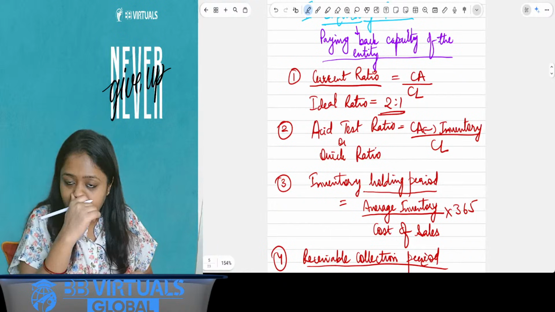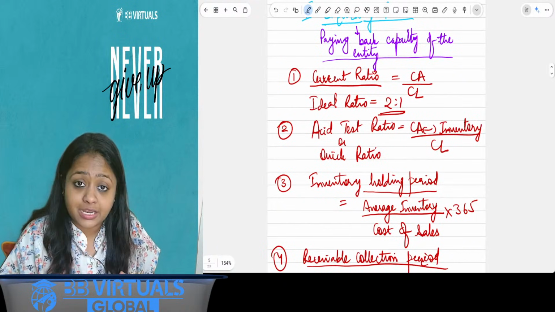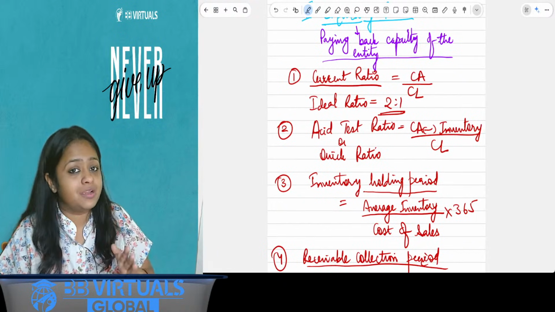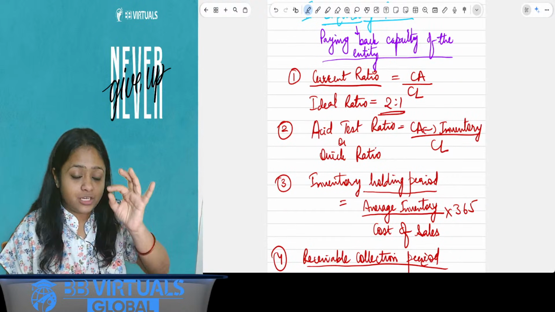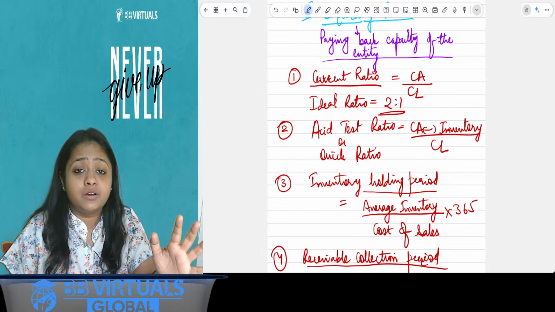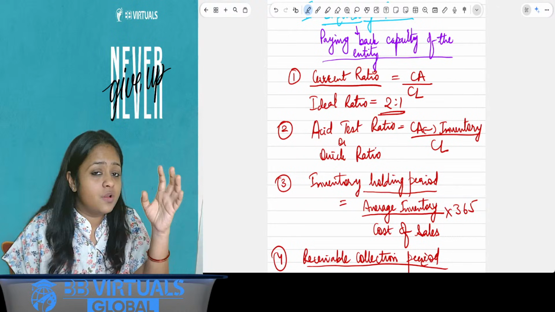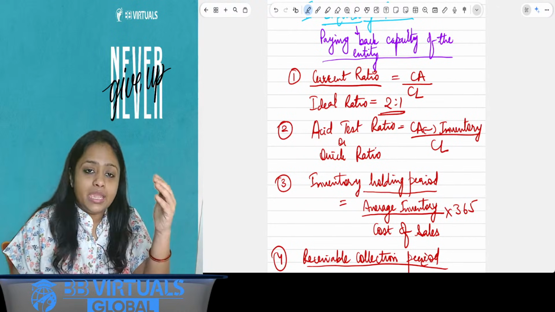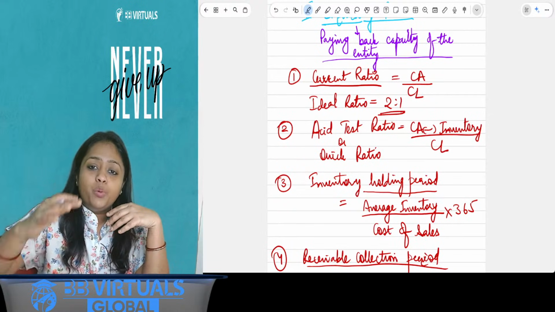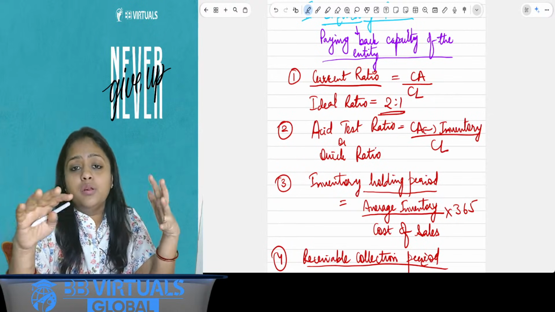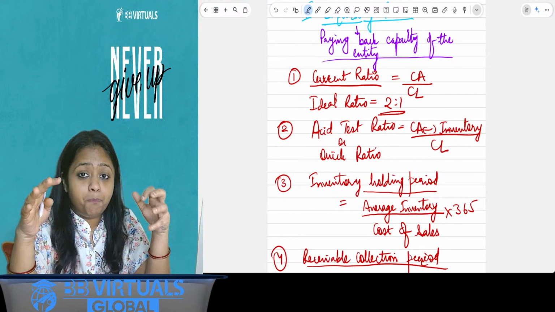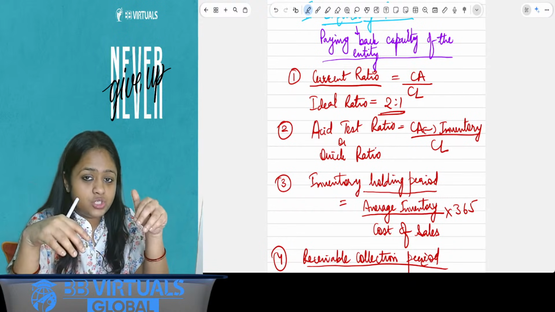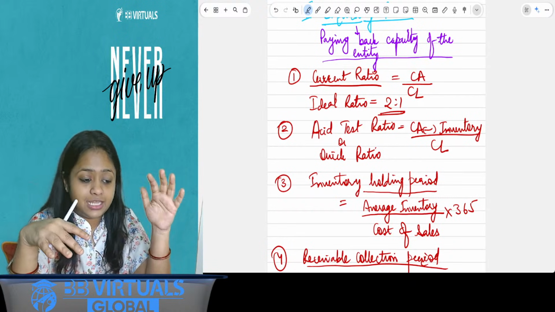Okay, so now here we have multiple ratios. First is the current ratio, which is current assets by current liabilities. Ideal ratio is 2:1. That simply covers whether the current assets of the entity sufficiently cover its current liabilities or not. As an extension to it, we see the liquidity position better with the next ratio, which is the quick ratio or the acid test ratio.